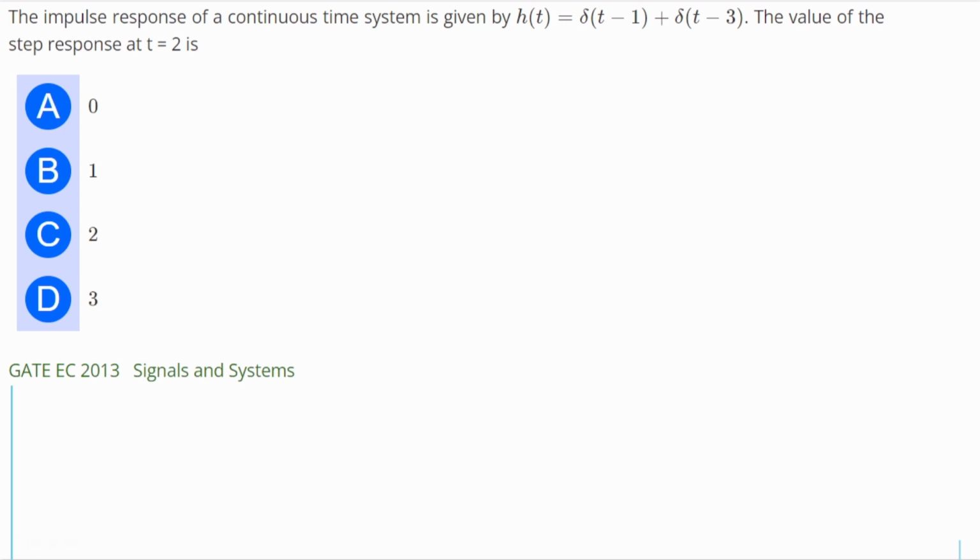So the next question says that the impulse response of a continuous time system is given as h(t) equals delta(t minus 1) plus delta(t minus 3). The value of the step response at t equals 2 will be? So here the impulse response is given.